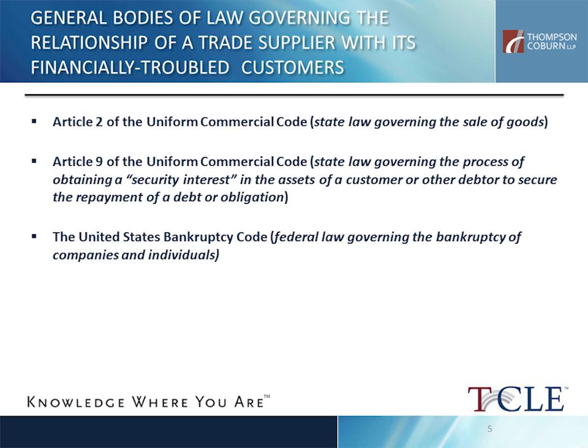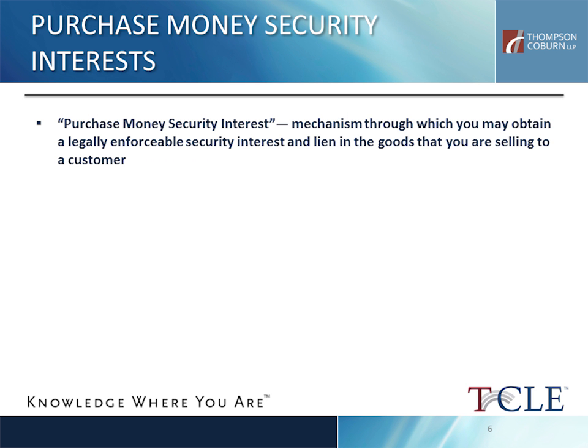The first topic that we wanted to address was purchase money security interests, and that purchase money security interests are a mechanism through which a trade supplier can obtain a legally enforceable security interest and lien in the goods that it's supplying to a customer.